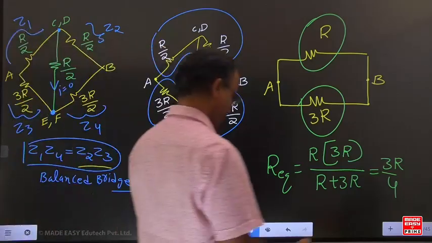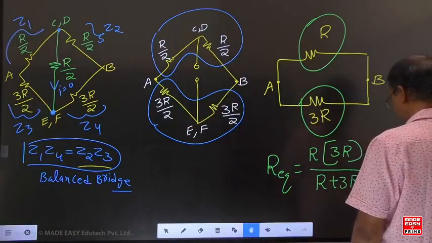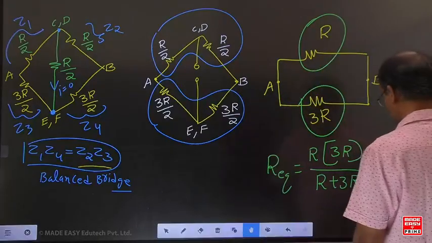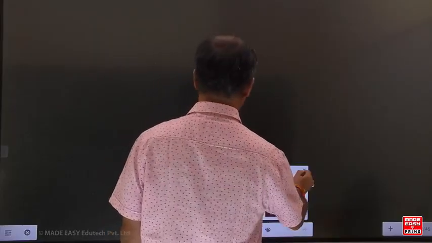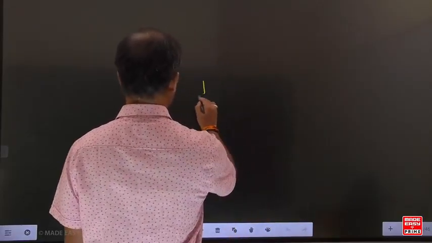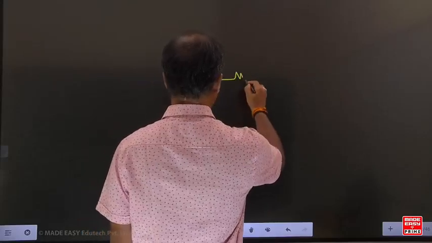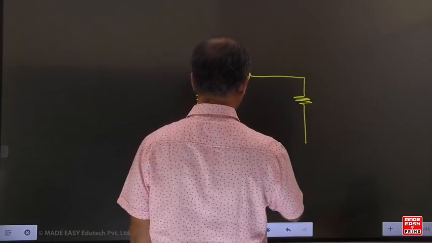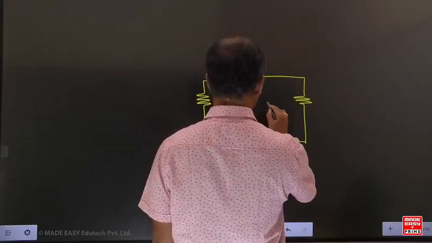Okay, चलिए come to one more example. That is one more question. Find equivalent resistance.